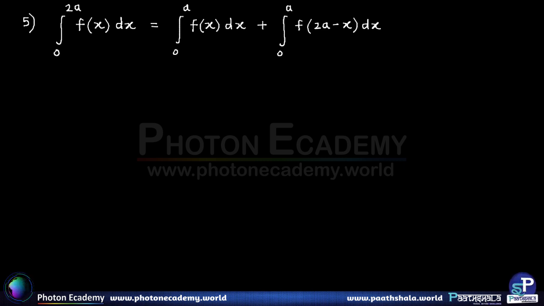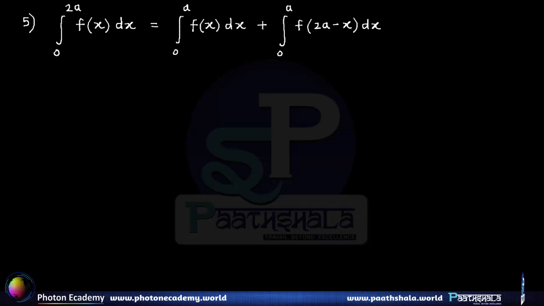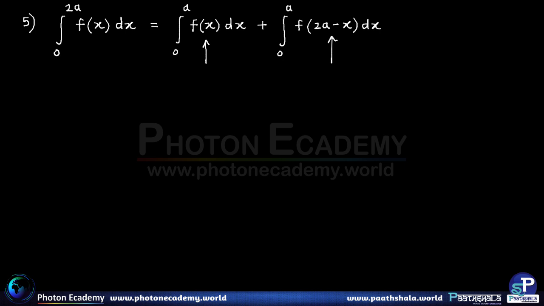Right. So on the right hand side, in both the integrals the limits are the same, which are 0 to a. So a is nothing but half of the value of the upper limit on the left hand side. That is to be kept in mind. Now how do we prove this? In the first we have f of x and in the second we have f of 2a minus x.